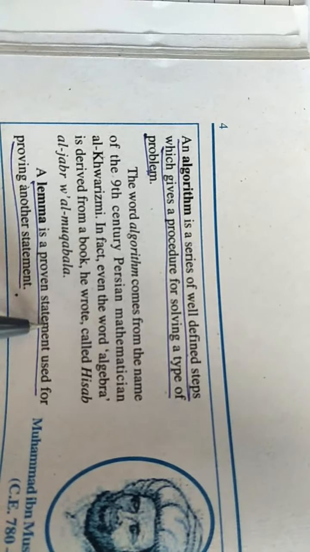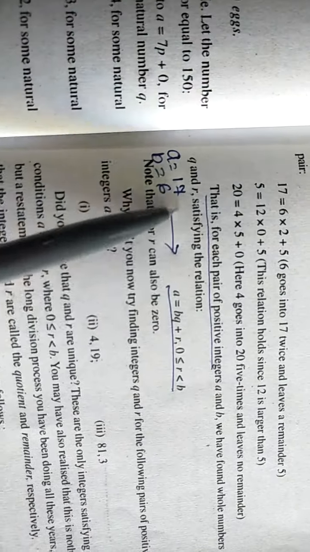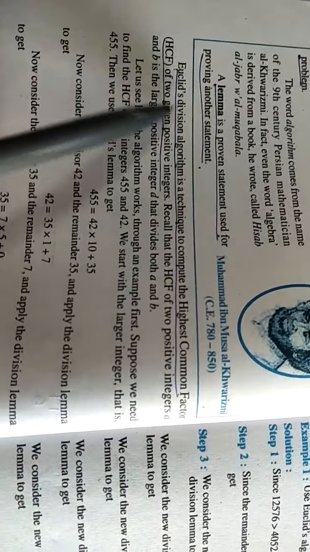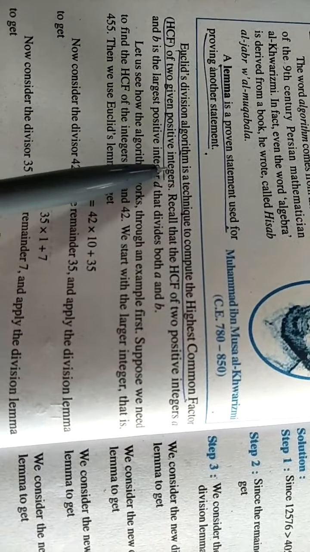A lemma is an already proven statement which is used to prove another statement. Previously, what we studied is a lemma. Now this lemma is used for proving the algorithm. Euclid's division algorithm is a technique to compute the highest common factor, that is HCF, of two given positive integers.